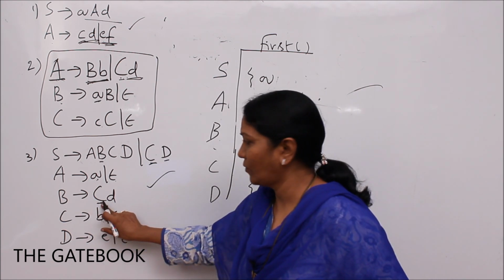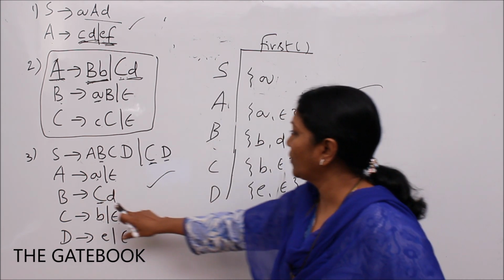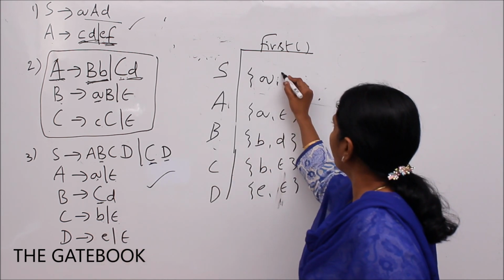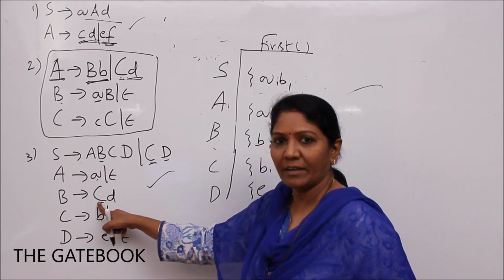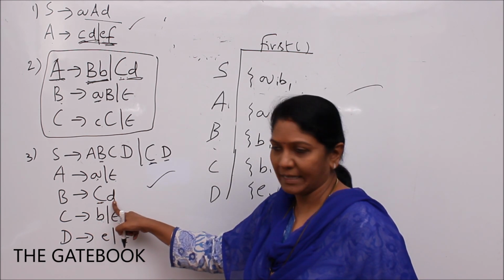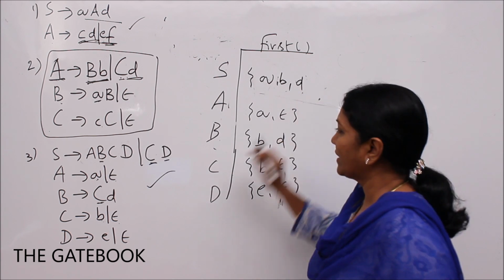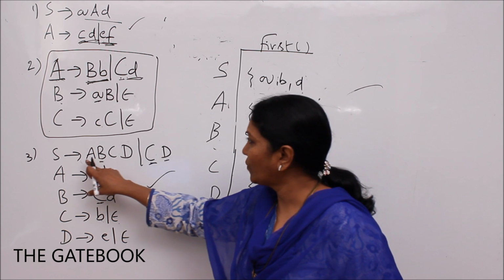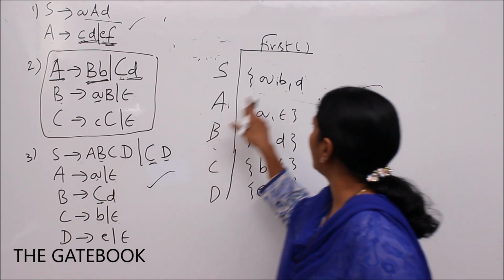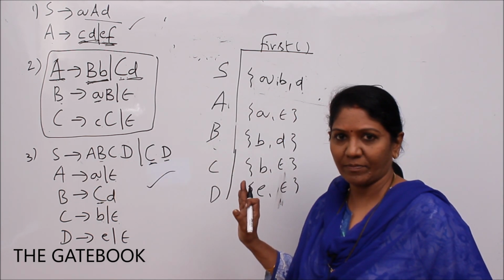First of B is first of C. Now if you look at first of C, it is B here. Now because of epsilon, it goes back here and ends with this D. And look at this, after this B, it is not continuing with CD. So first of S in the first rule gives only A, B, D symbols.